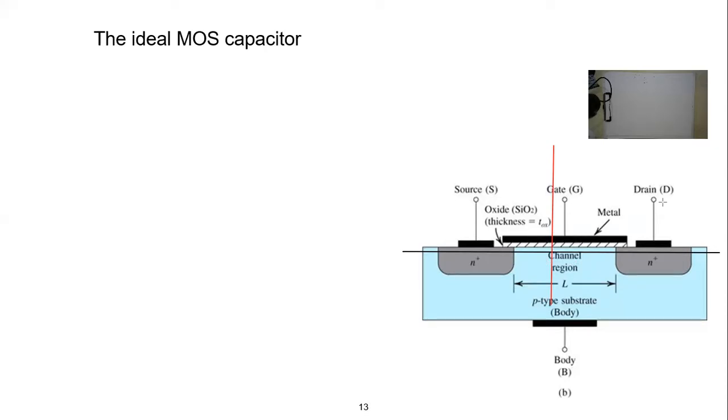The word MOS indicates metal oxide semiconductor. That's why we call it a MOS capacitor or a MOS interface. Maybe we will deal with the word capacitor by the end of this lecture, but for the time being, let's consider it as a metal oxide semiconductor interface.